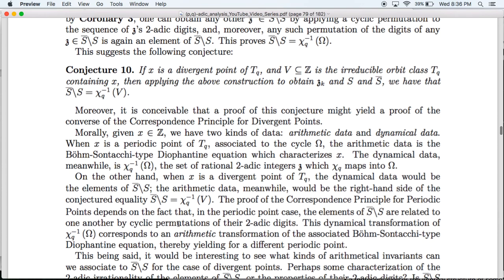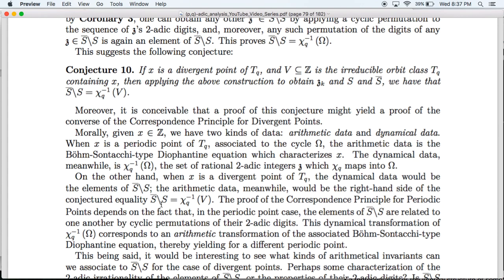On the other hand, when x is a divergent point of tq, the dynamical data would be the elements of s bar take away s. The arithmetic data, meanwhile, would be the right-hand side of the conjectured equality chi q inverse of v equals s bar take away s.